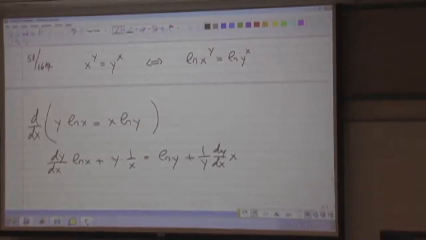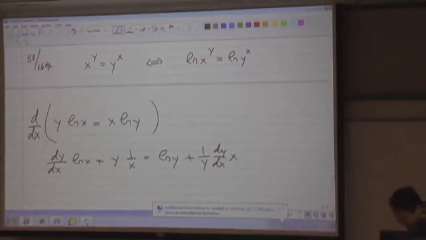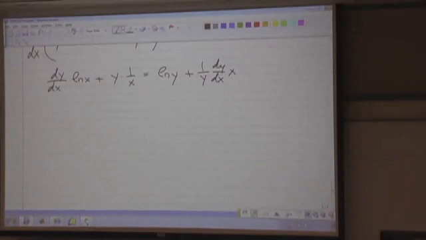36 on 3.5. Pi over 3. So the idea is you have the limit as x goes to infinity of arc cosine of the fraction 1 plus x squared divided by 1 plus 2x squared.